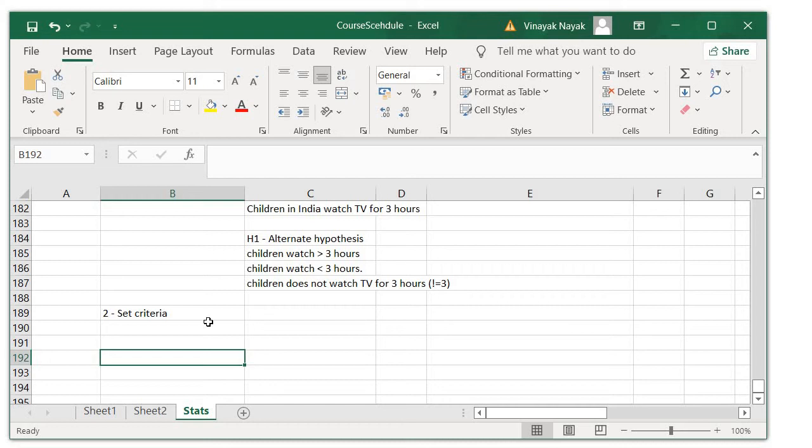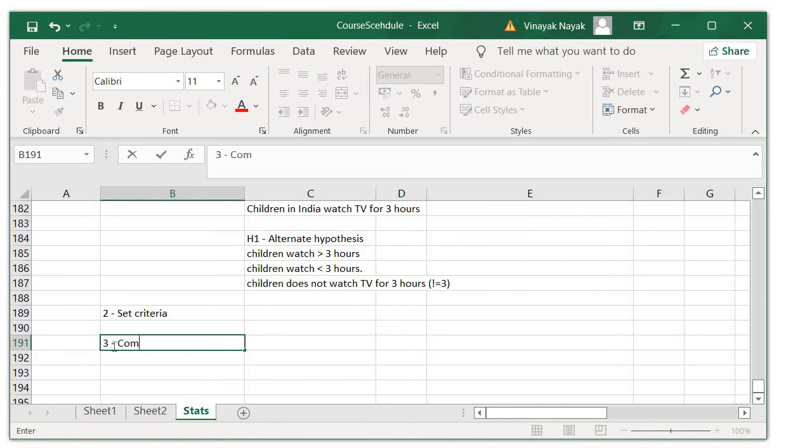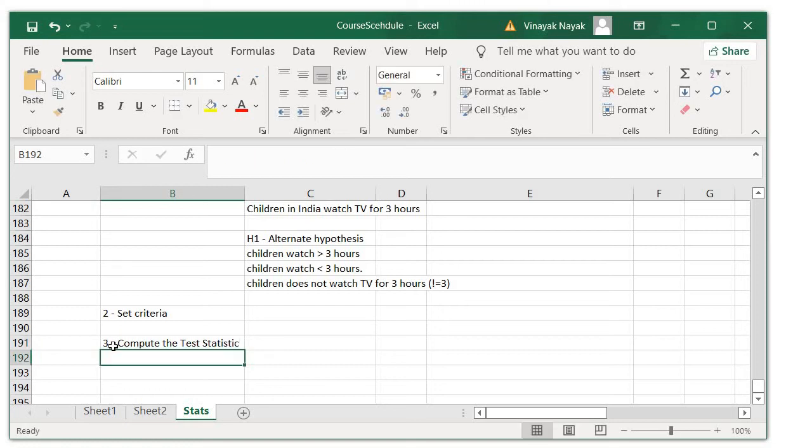The third step would be to compute the test statistic. Test statistic is a mathematical formula to determine the likelihood of obtaining a sample outcome if the null hypothesis were true.